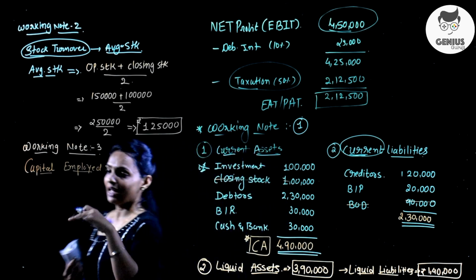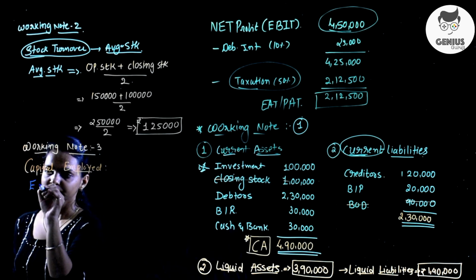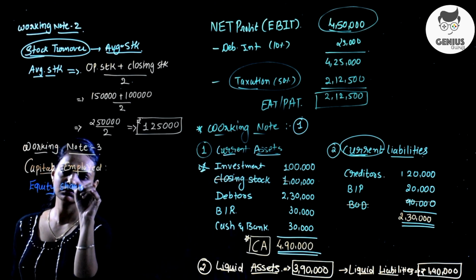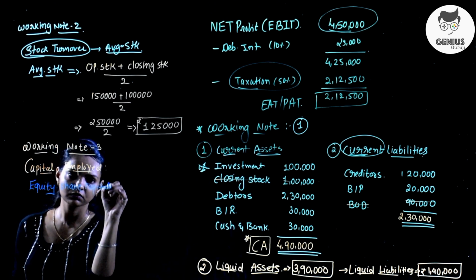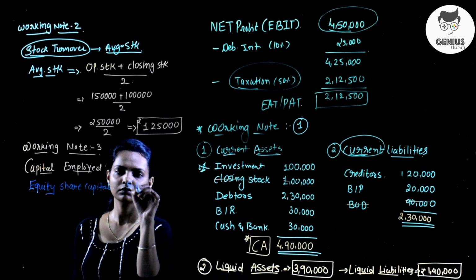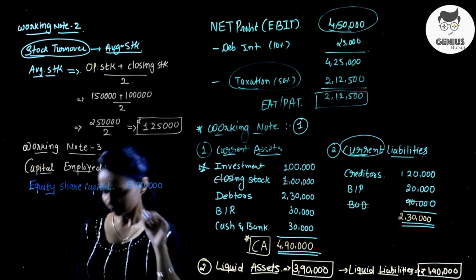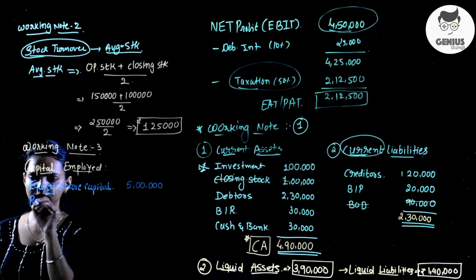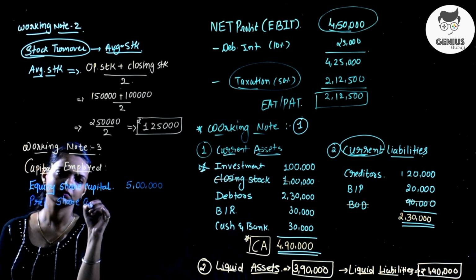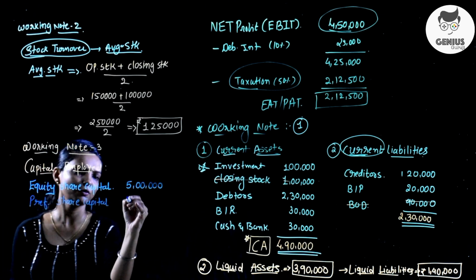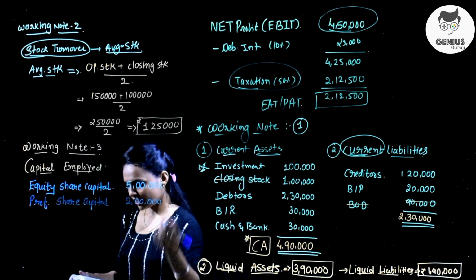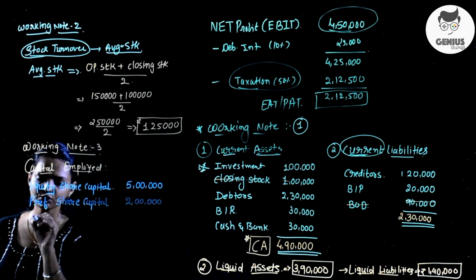Okay, so see on the liability side, equity is given. Equity share capital of rupees 5 lakh. Preference share capital of rupees 2 lakh. After that, reserve, surplus and debenture are also included over here.